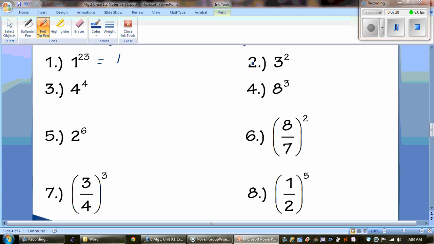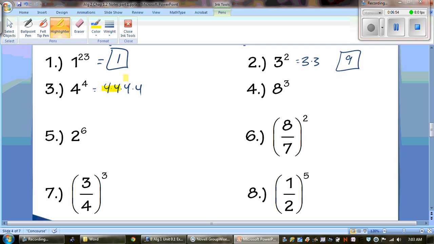Okay, number 2 is 3 squared. Well, that would mean 3 times 3. Not 3 times 2, 3 times 3, and 3 times 3 is 9. All right, number 3. 4 to the 4th means 4 times 4 times 4 times 4.